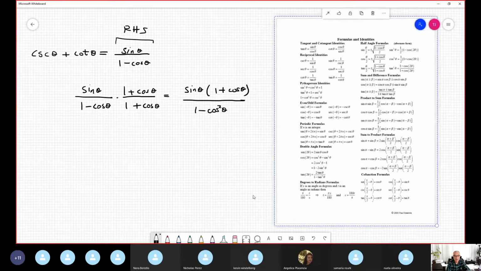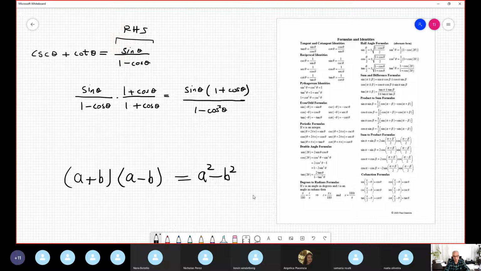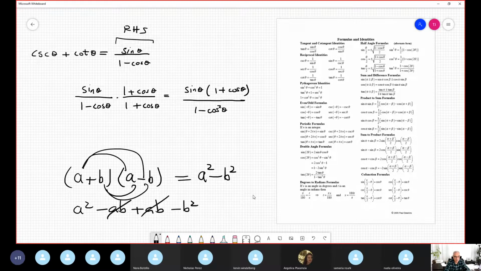This is the reason I select the conjugate, because any factor times its conjugate is a squared minus b squared. Suppose I don't remember: you FOIL, a squared minus ab plus ab minus b squared, and all that will happen is these cancel. I stay with a squared minus b squared. Exactly the same as we are doing here.